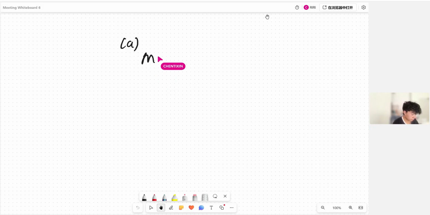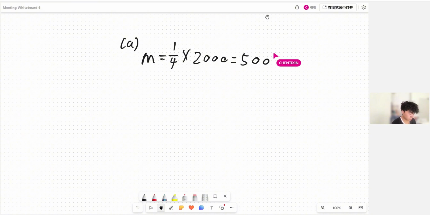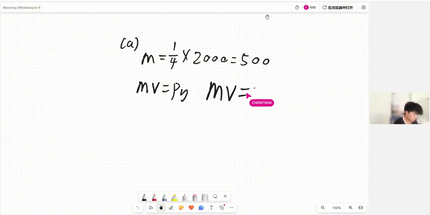So M equals a quarter times 2000, which equals 500. Based on this, we can use the Fisher formula: MV equals PY, and we know MV equals 2000.